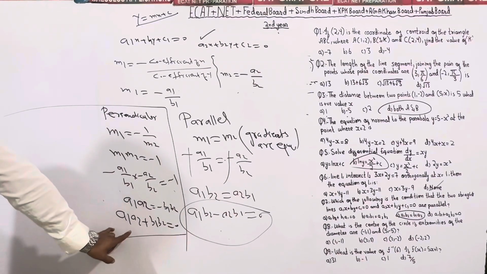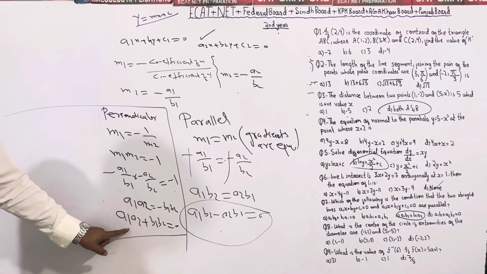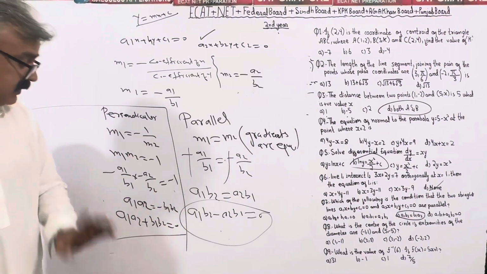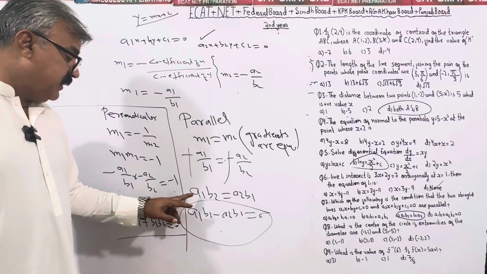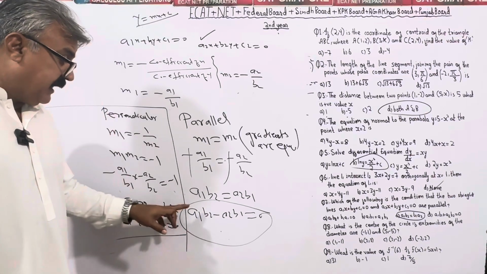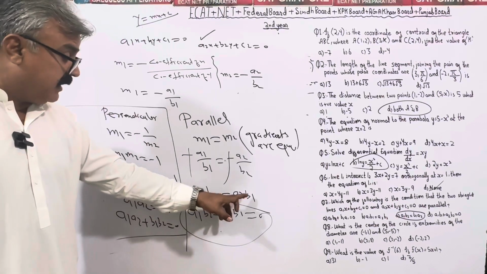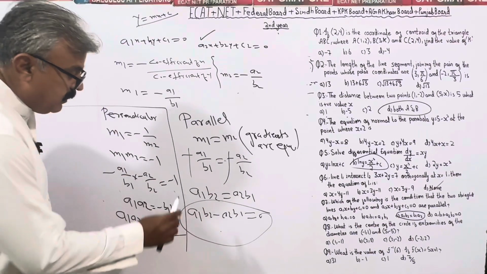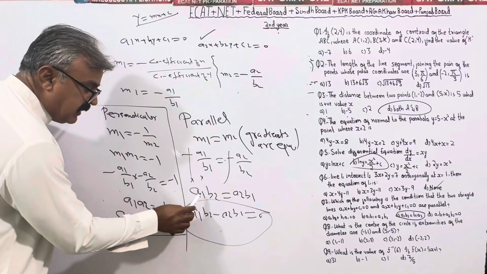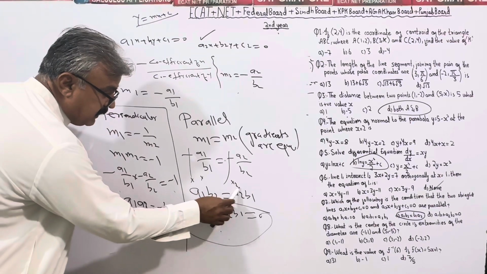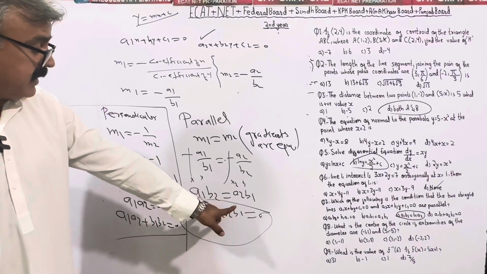When lines are parallel, the coefficient of x of the first line times the coefficient of y of the second, and the coefficient of x of the second equation times the coefficient of y of the first, their products are always equal if they are parallel.